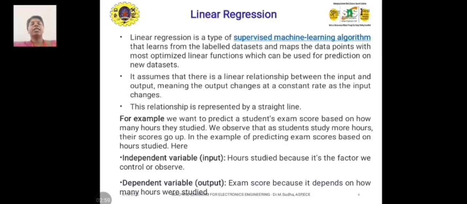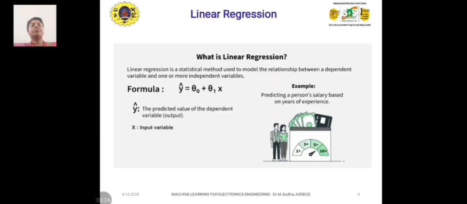The input, hours studied, is the independent variable, because it is the factor we control or observe. Based upon this input, the output varies, which is called the dependent variable. That is the exam score, because it depends on how many hours were studied.